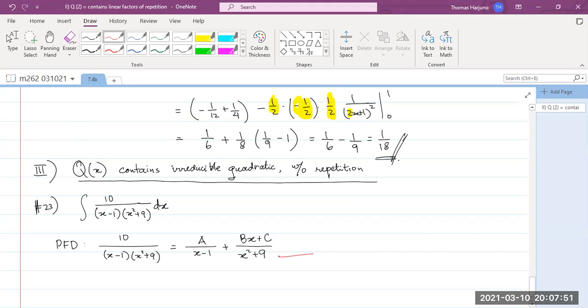Okay, this is degree 2, then this is degree 1. Just like this guy here, degree 1, the top is degree 0. That's how we break it up. Now multiply by the LCD.